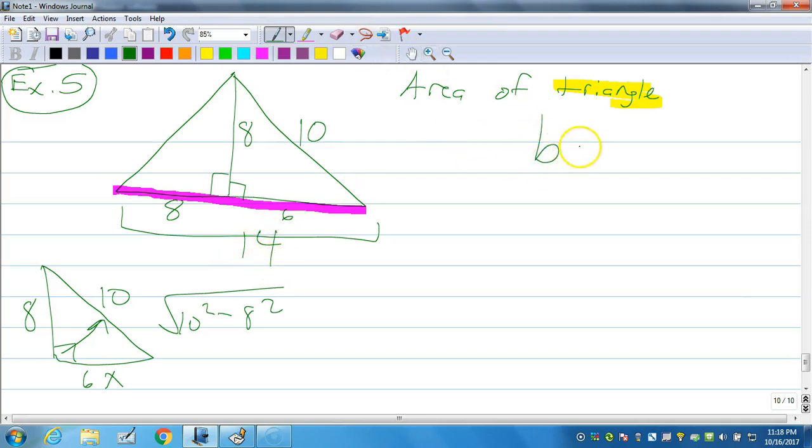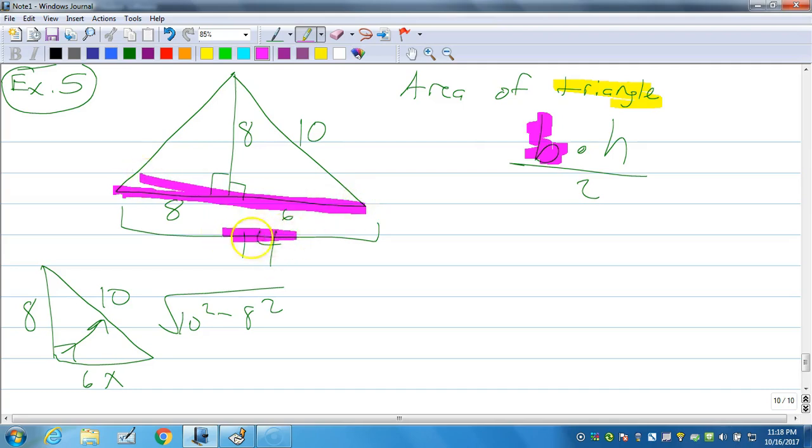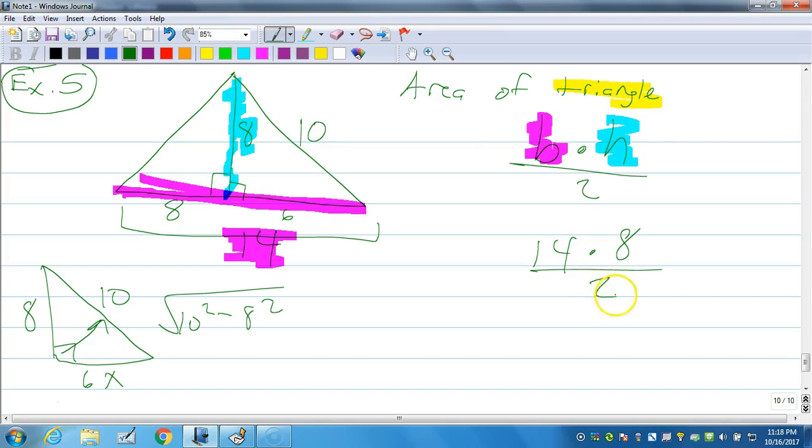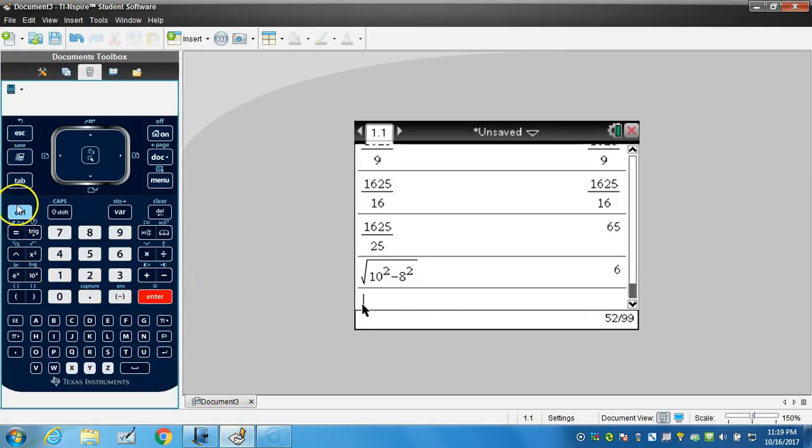So when I'm doing the base times the height divided by 2, the base is all of this, which is 14. The height is right here, which we already had. The height was 8. So 14 times 8 divided by 2. Put that in the calculator, which I have one here, so I might as well do it.